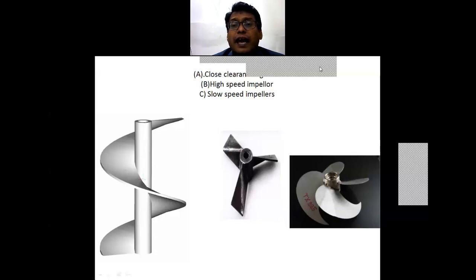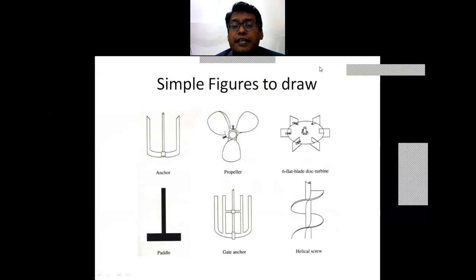Then the different types of impellers that we have talked about: the anchor type, propeller type, turbines, paddles, and the screw type. All these are different impellers with different flow patterns.